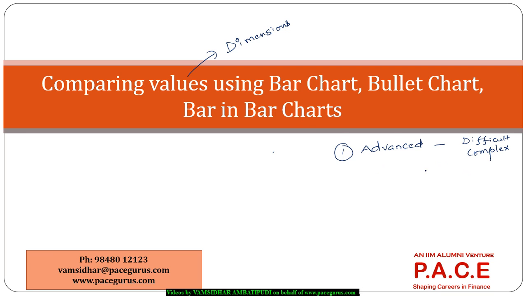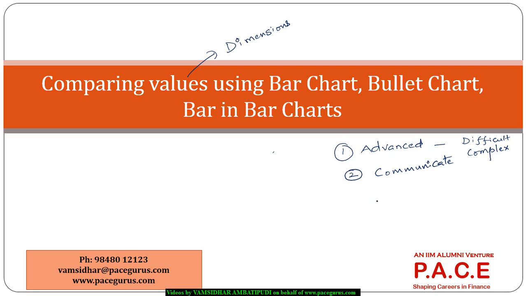Now, all these kinds of charts, again, are easy to create in Tableau. The more important point that we have to keep in mind is that the goal of any good visualization should be to communicate the data in an effective manner, not to make it complex, right?